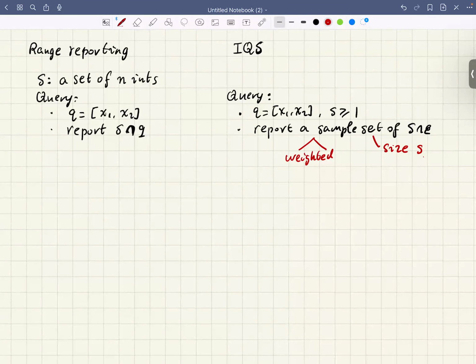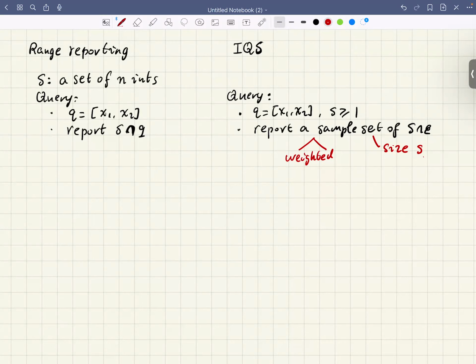Okay, good, excellent. So this is actually the version of the problem that we have been tackling in the past few weeks. Today I will give a self-contained definition before I continue.